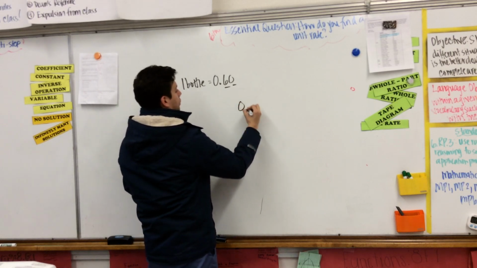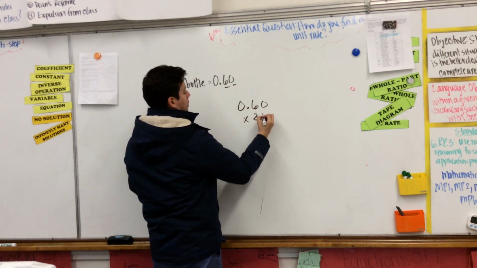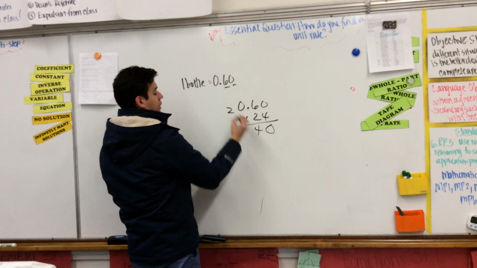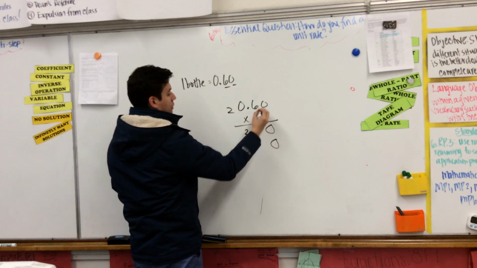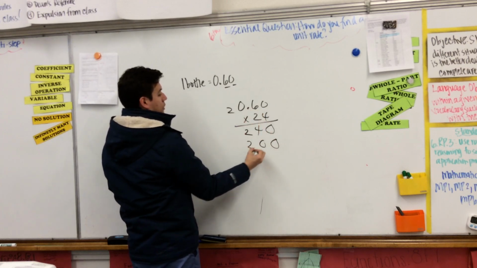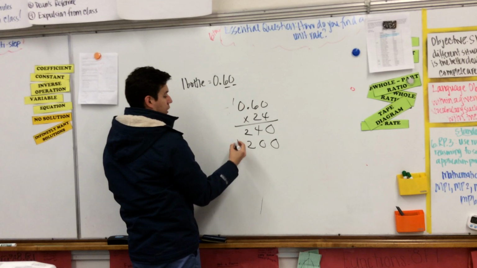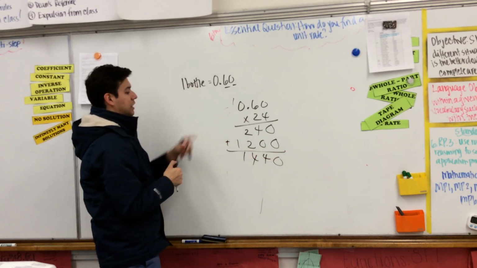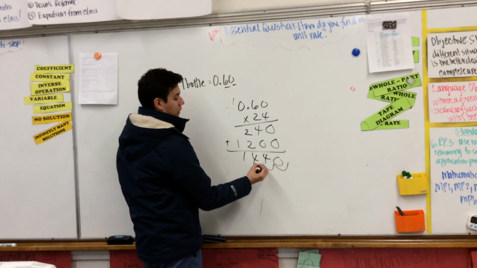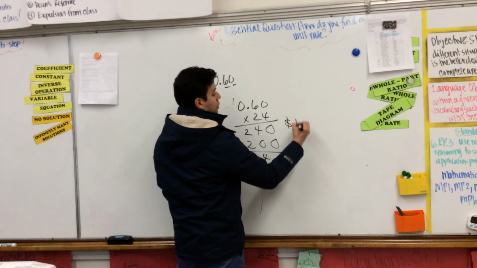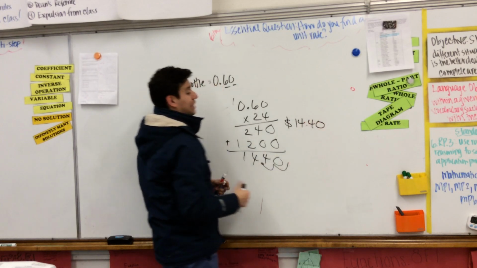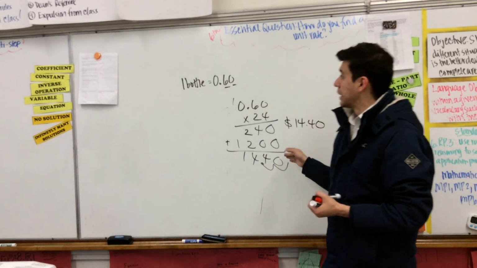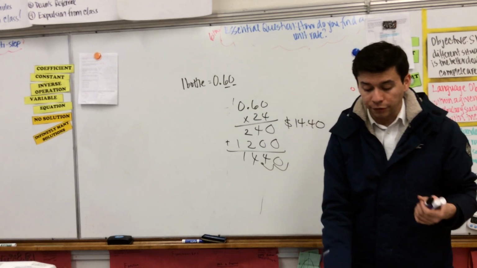So, 0.60, let me just do it the old school way. 4 times 0 is 0, 24, 0, 2, 0, 0, 12, 1, add it up, and I have to move the decimal twice. 1, 2. So, they will charge me $14.40 if I want to buy 24 water bottles. And that's the answer for that problem all throughout.